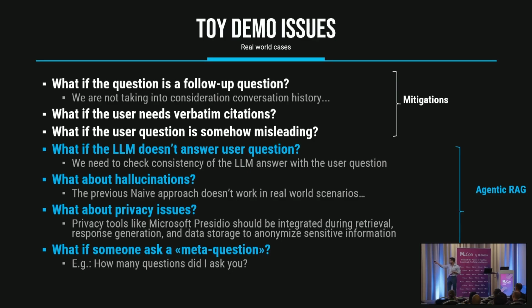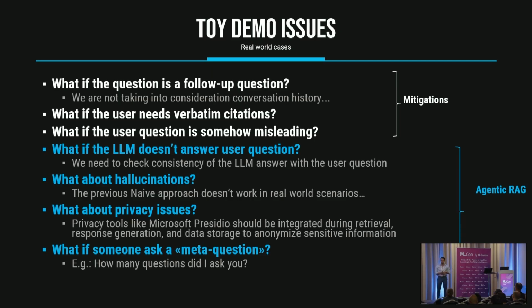But then we should consider a few more problems. What if the LLM doesn't really answer the question? We should check for some kind of consistency before returning the answer to the user. What about hallucinations? We didn't even mention this one.